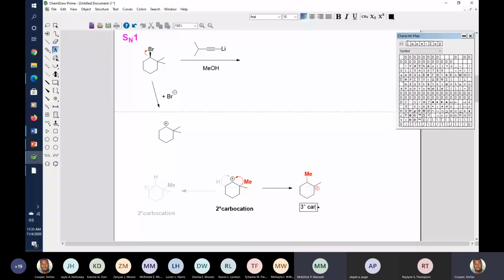Yes. This is productive. So this is why a methyl shift occurs in this example, because it allows me the possibility to gain stability from going from a secondary to a tertiary carbon cation. So if I wanted to draw this mechanism out, I would show the methyl shift occurring.